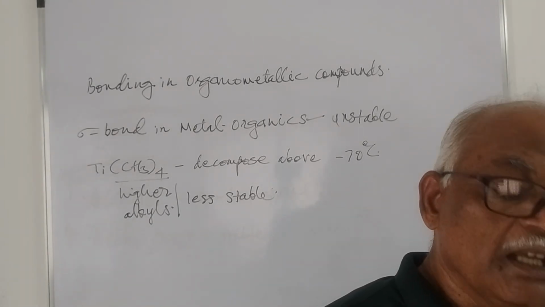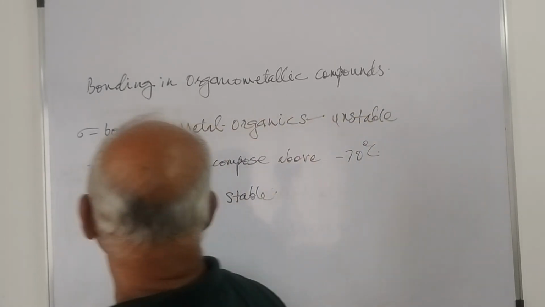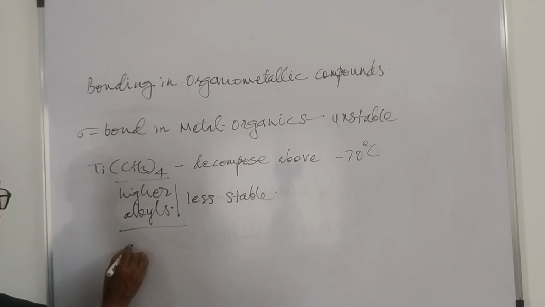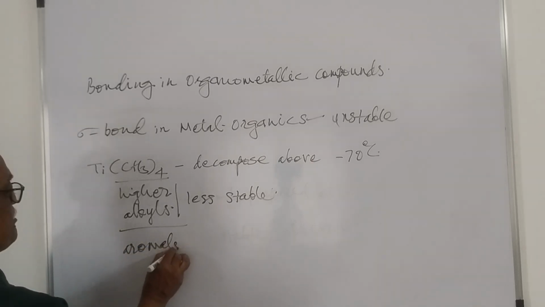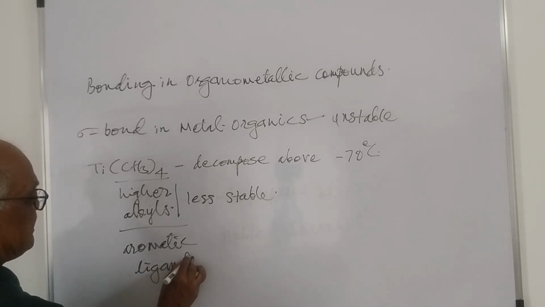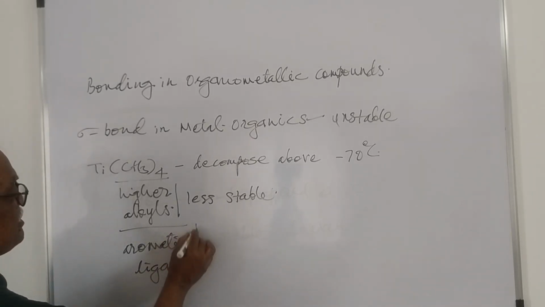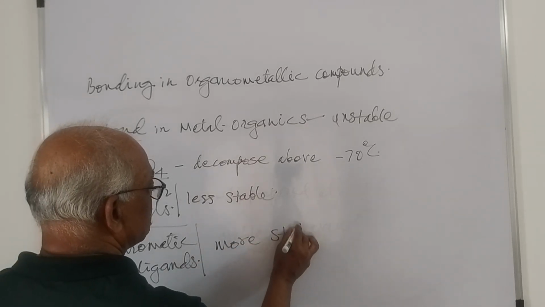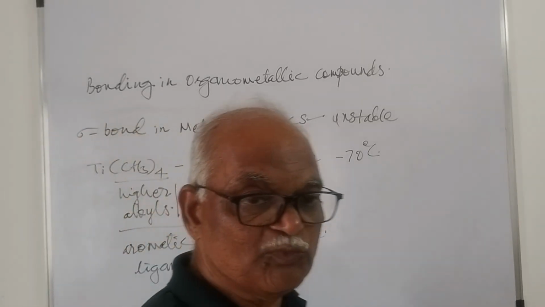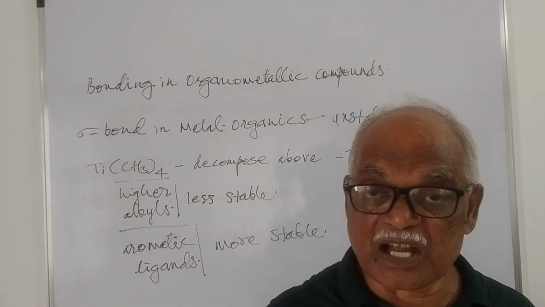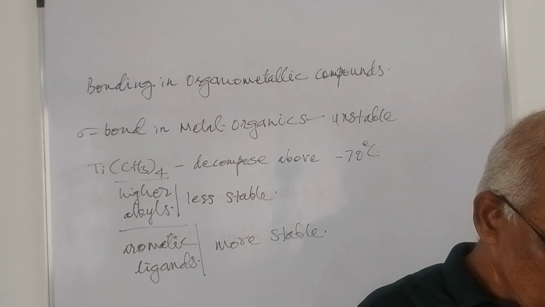So if we replace these alkyls, these ligands, further with aromatic ligands, then you will find that these are further more stable. So aromatic organometallic compounds are more stable.